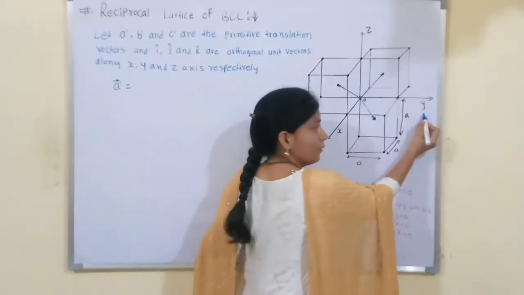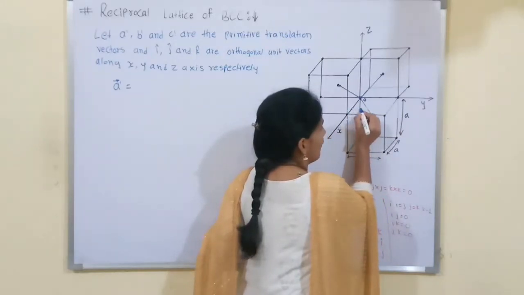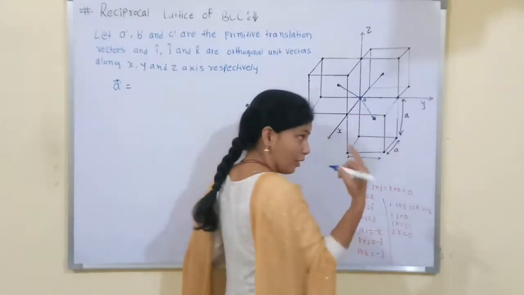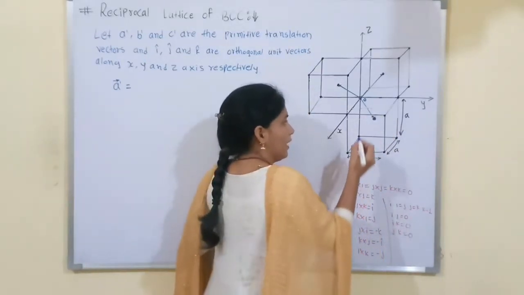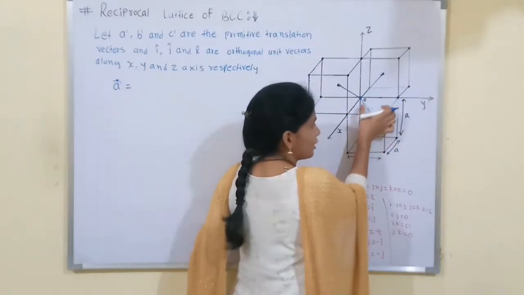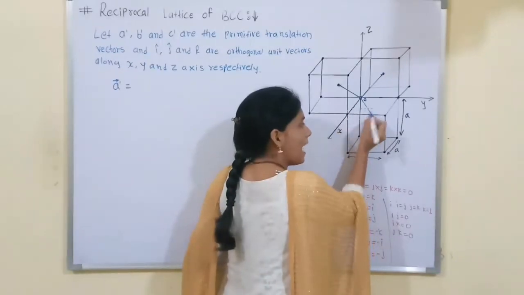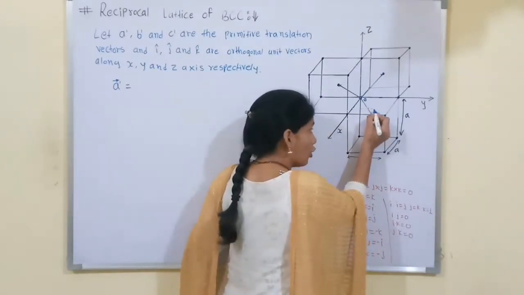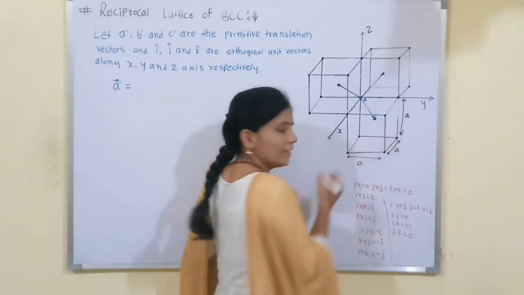After that we will also travel along the positive y-axis. It is also half of the edge, this is also the edge of the unit cell, so we will only travel the half distance, and we also go along the negative z-axis to reach this point.